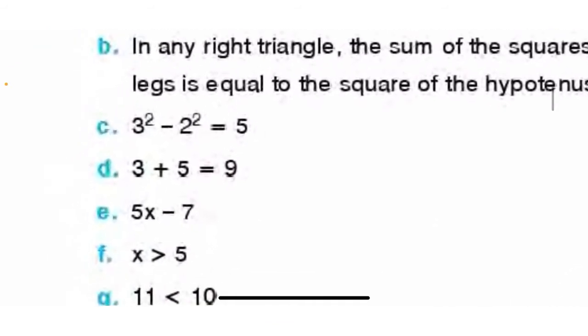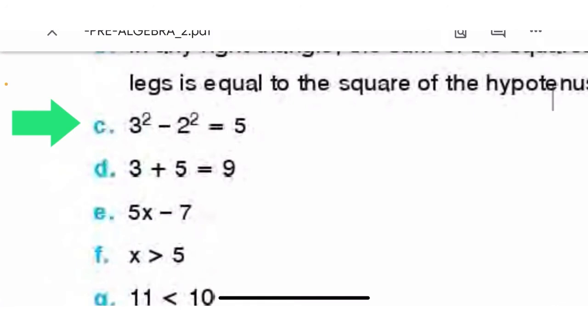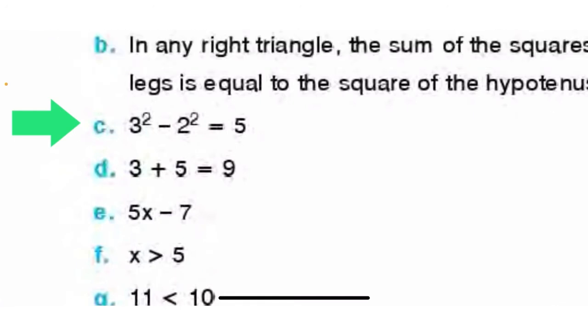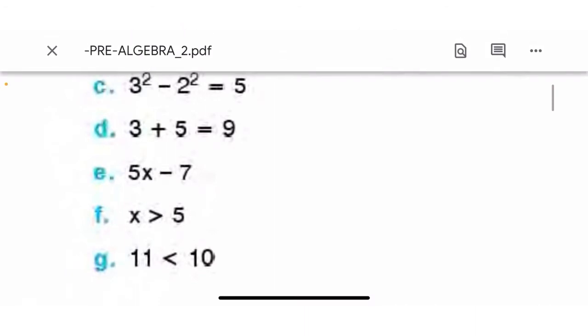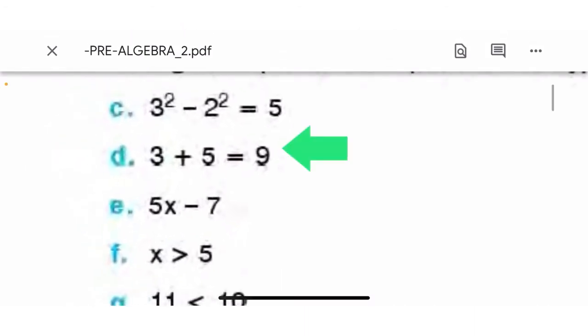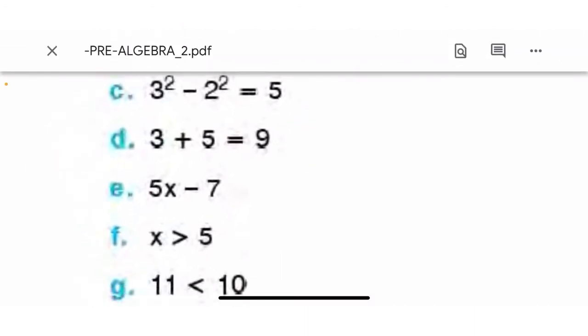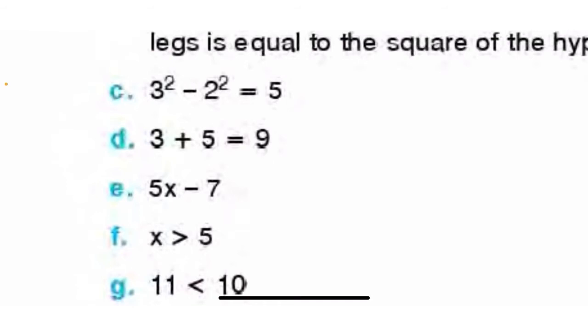Third one, 3 squared minus 2 squared equals 5. That is 9 minus 4 is 5. It's true. True statement. 3 plus 5 is 9. No, this is a false statement. 3 plus 5 equals 8.